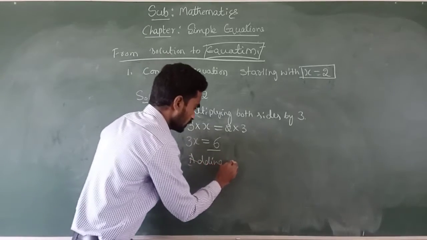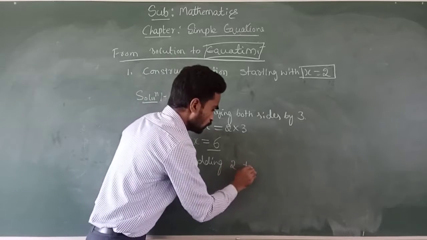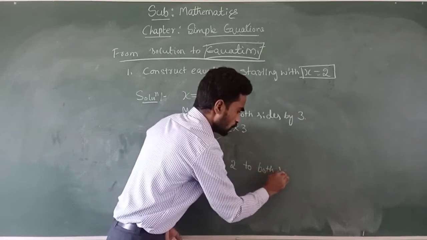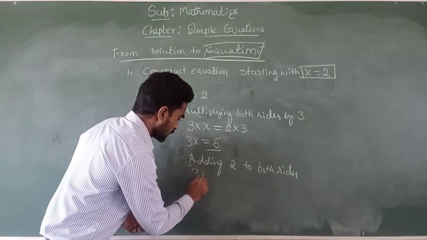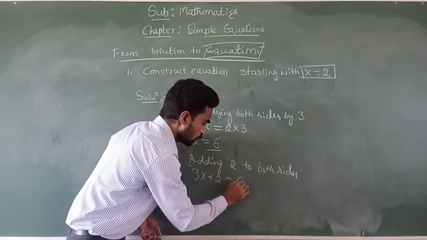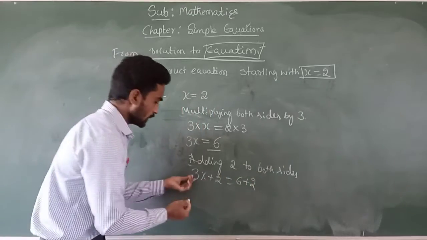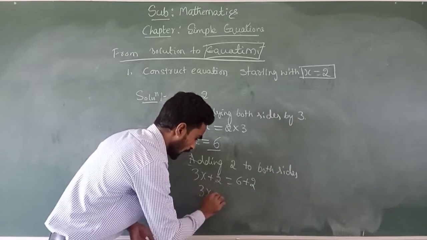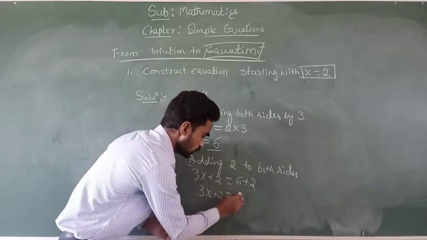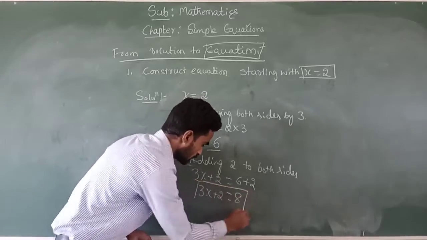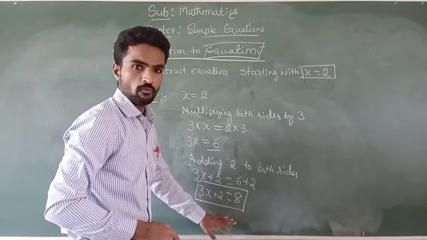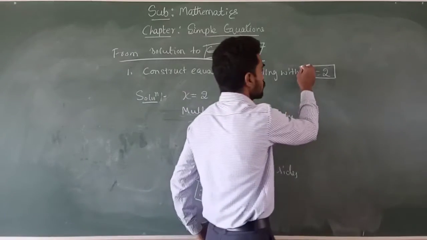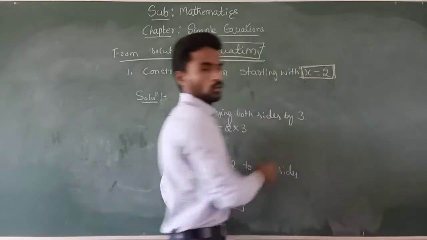Adding 2 to both sides, we get 3x plus 2 is equal to 6 plus 2. Then 3x plus 2 take as it is, 6 plus 2 we get 8. Then 3x plus 2 is equal to 8 is the equation. It has the solution x is equal to 2.